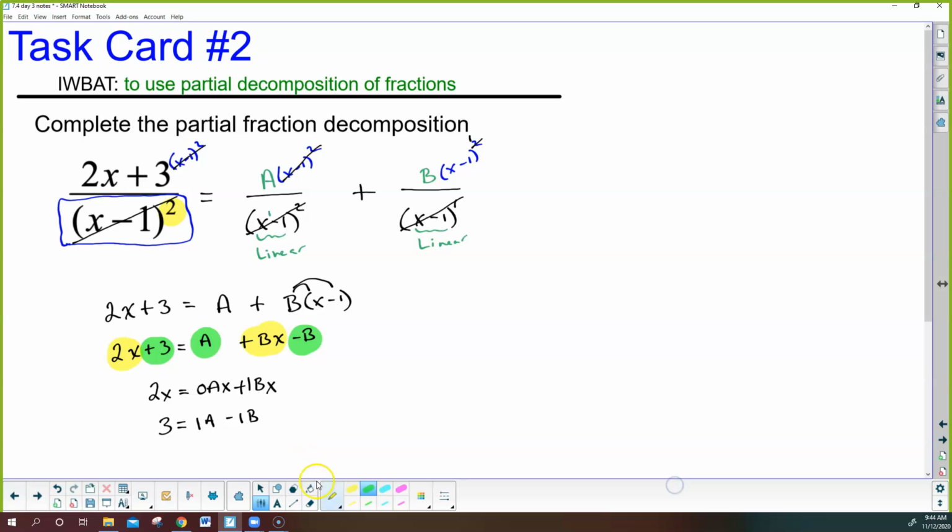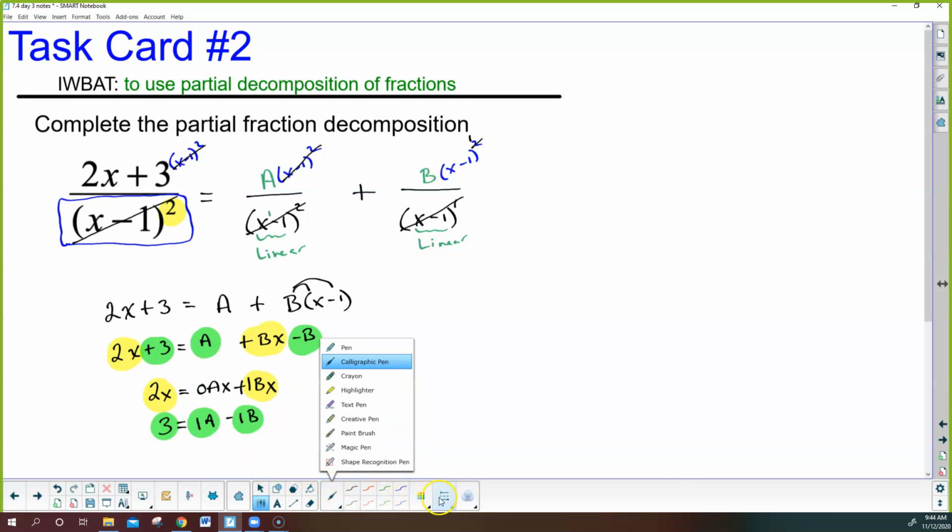If you like the highlighting, you can see where they came from: the 2x, the Bx, and then the 0, which I added in there as a placeholder. The 0 cancels out, but it keeps the place open. And then the 3, the 1A, and the minus 1B.